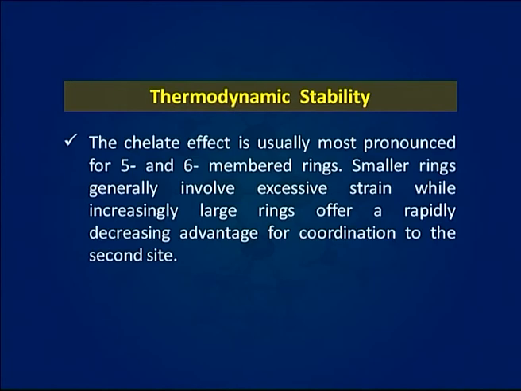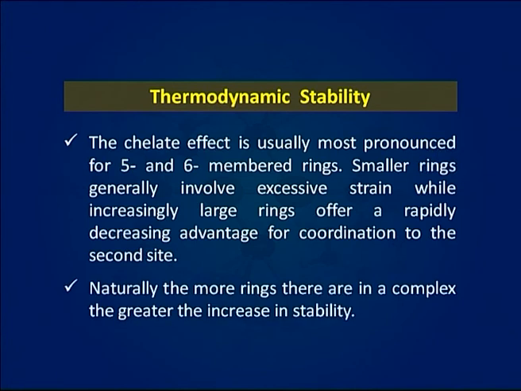The chelate effect is usually most pronounced for 5 and 6 membered rings. Smaller rings generally involve excessive strain, while increasingly large rings offer a rapidly decreasing advantage for coordination to the second site. Naturally, the more rings there are in a complex, the greater the increase in stability.